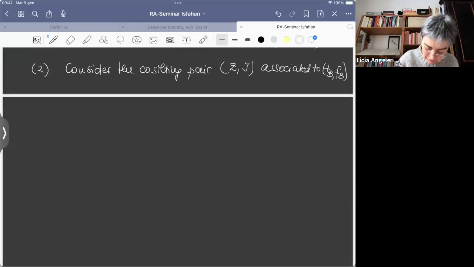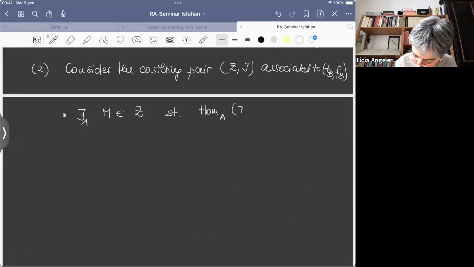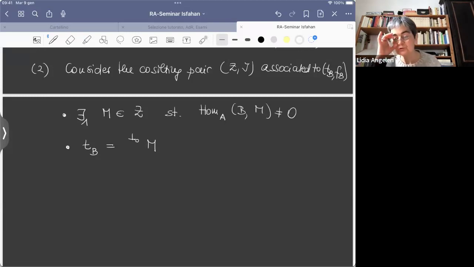And one can show two things. First of all, that there is a unique module M in Z such that Hom(B, M) is non-zero. And in fact, there is a monomorphism from B to M, and using this, one can show that the torsion class T_B is the Hom orthogonal of M. So to have no maps to B is the same as having no maps to M.